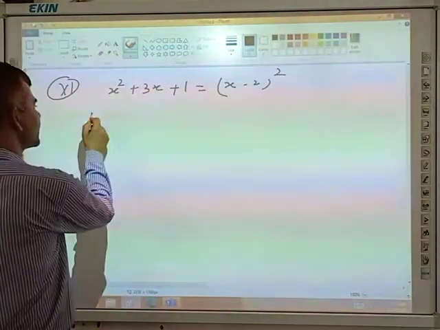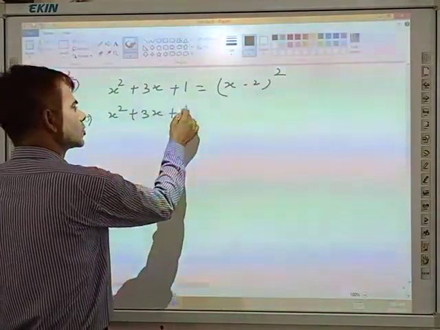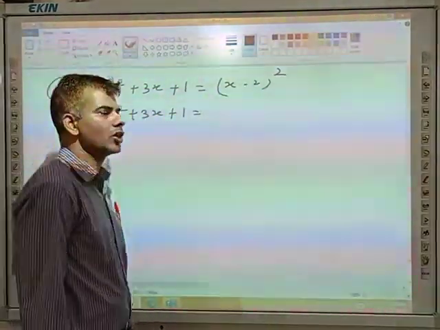Now students, x square plus 3x plus 1, and (x minus 2) whole square is of the form (a minus b) whole square.